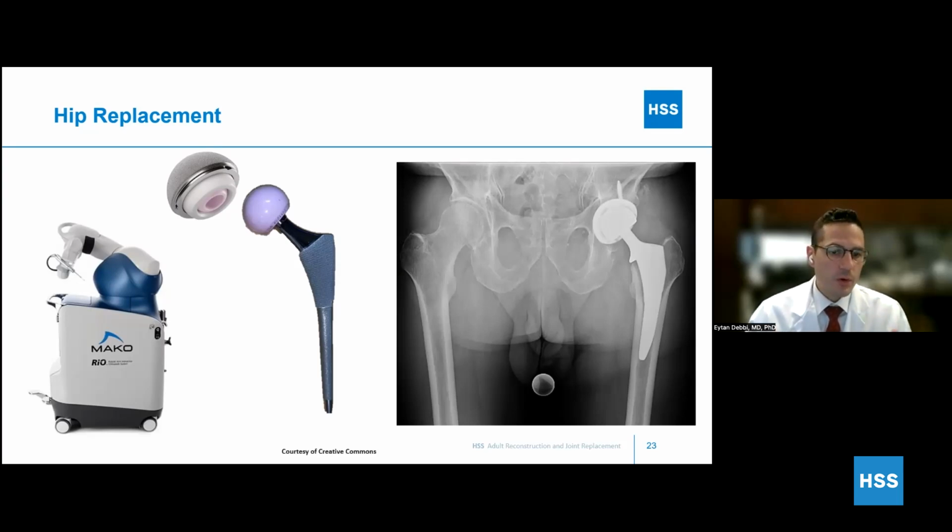We used to reserve hip replacement for patients in later stages of life, because the old hip replacements, the plastics, used to wear out earlier. Today, our materials are much better. The wear rates of hip replacements are much lower, and patients are much more active. So we're actually performing hip replacement in younger patients nowadays than we did previously.